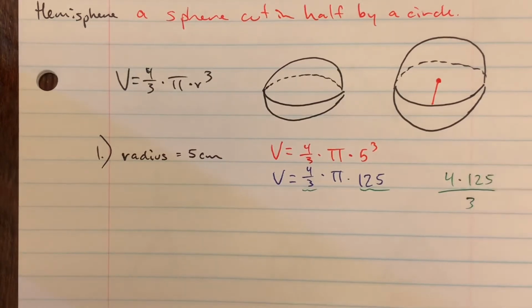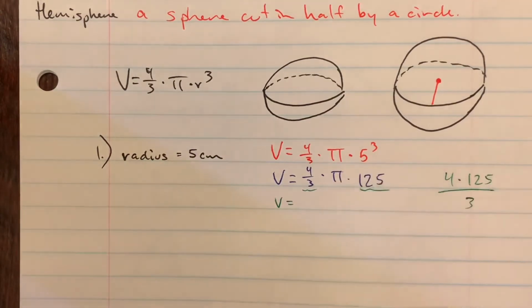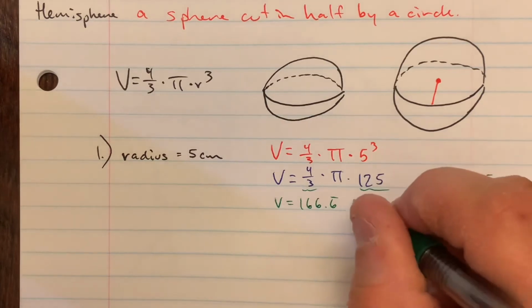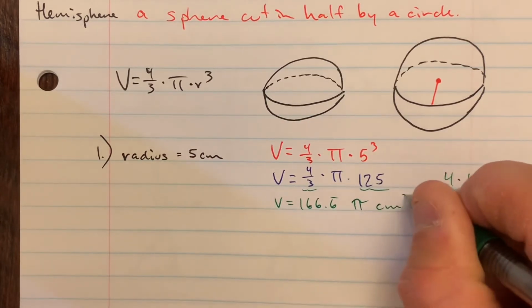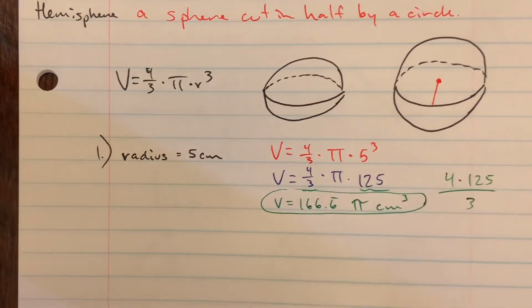Obviously, 4 divided by 3 is going to give me an ugly decimal. So I'm going 4 times 125, which is 500. And then 500 divided by 3 gives me our solution, in terms of pi. So 166.6 repeating pi centimeters cubed. All right, that's what we're doing.